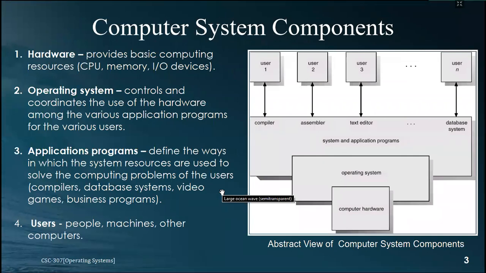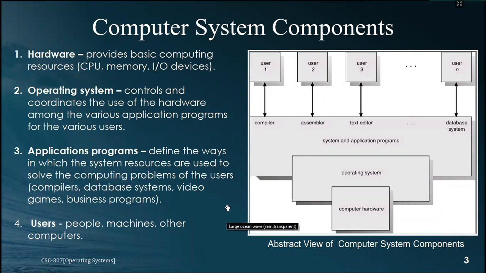A computer system has 4 components, as you can see. The hardware that provides the basic computing resources like CPU, memory, input output devices. Then we have the operating system that controls and coordinates the use of hardware among the various application programs. Then we have application programs that define the ways in which computer resources are used to solve computing problems.